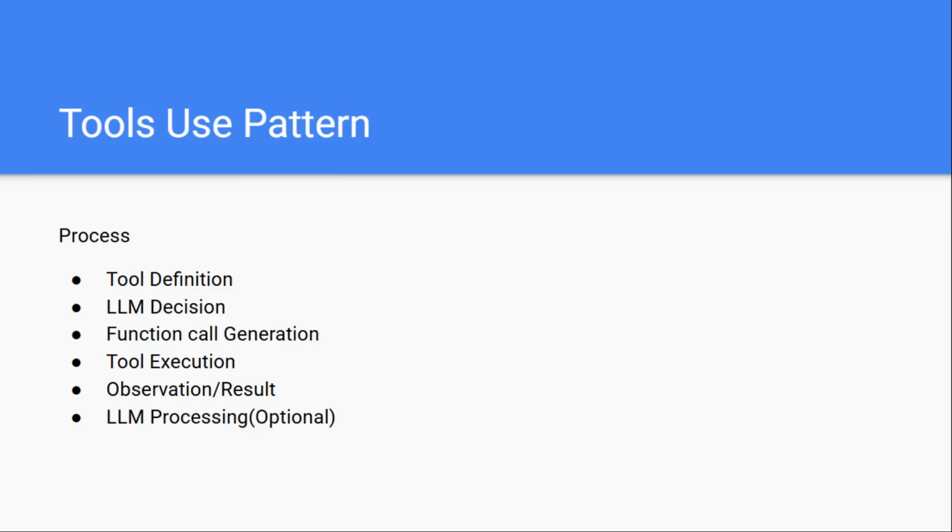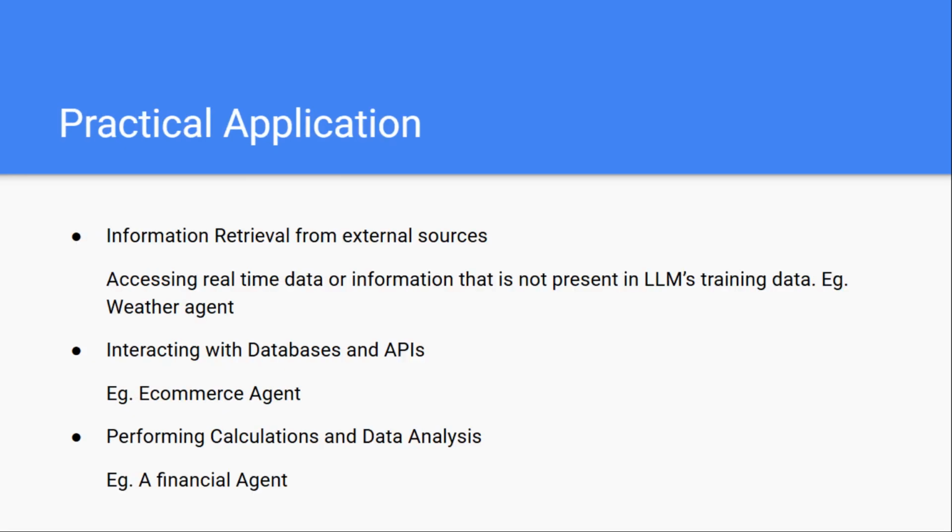And frameworks like LangChain and LangGraph provide robust support for defining tools and integrating them into agent workflows. On the canvas of these frameworks, you define the tools and then configure your agents to be aware and capable of using these tools. Now we'll see some practical applications and use cases.